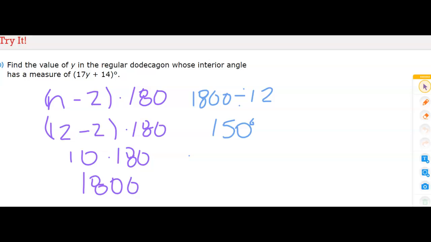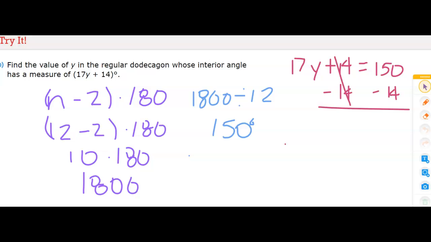Now we have to use this in solving the equation. 17y plus 14 is going to be equal to that 150. Now we need to solve for y, so we subtract 14 from both sides. That cancels out.